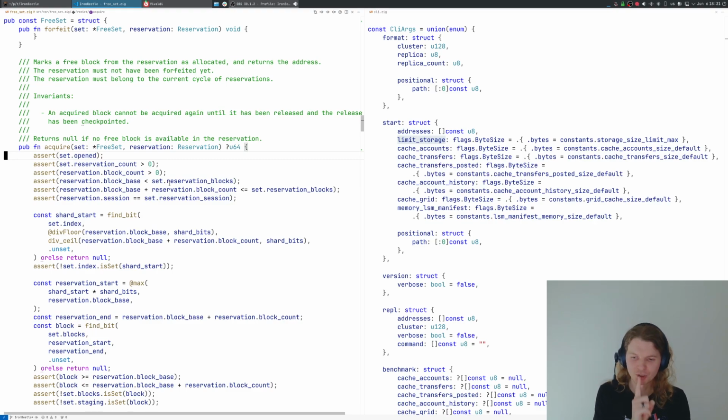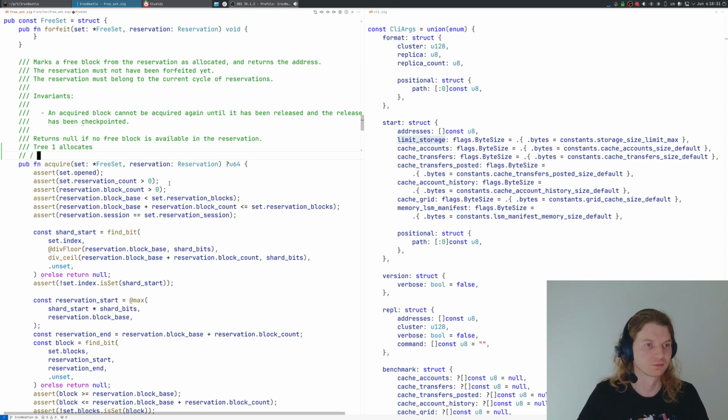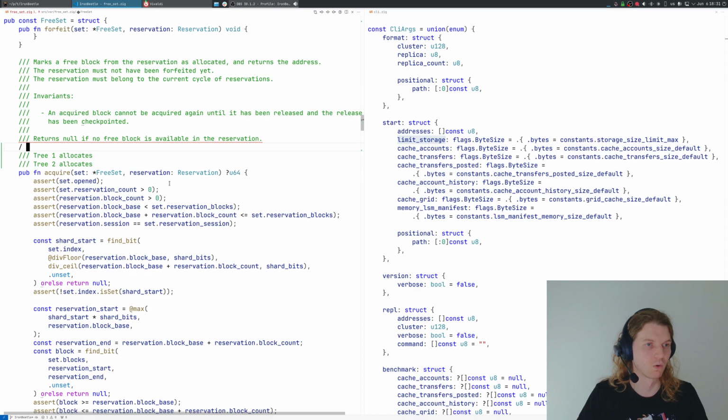Again, this is important: TigerBeetle is single-threaded. So there is no real concurrency, no parallelism. Only a single thread at a time acquires the FreeSet. But there is logical concurrency. What you might see is that tree 1 allocates, and then tree 2 allocates, and that happens on replica 1.